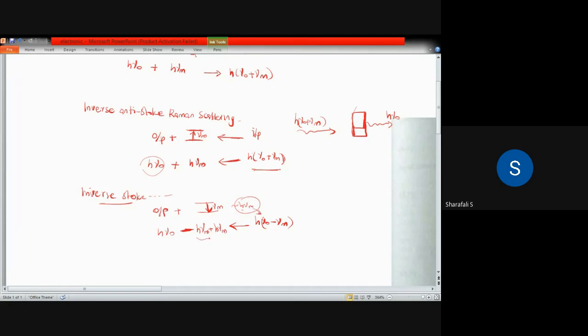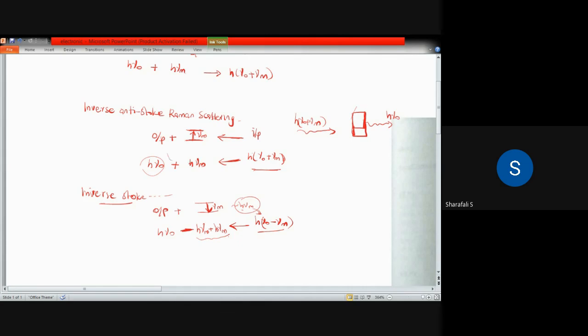So these will cancel each other, which means you are sending radiation which has energy less than h nu 0. An additional energy of h nu m will be given to the photon, so that it will gain some energy and become h nu 0. That is the inverse Stokes Raman scattering.